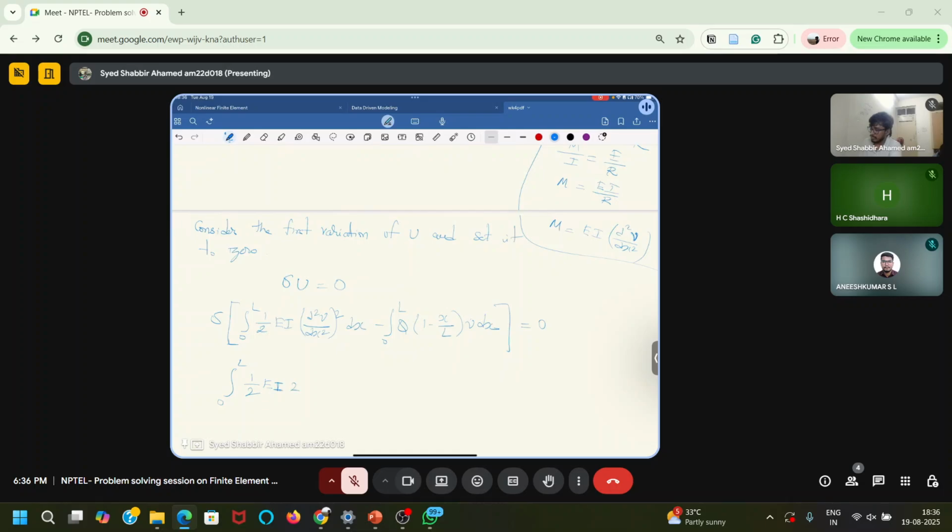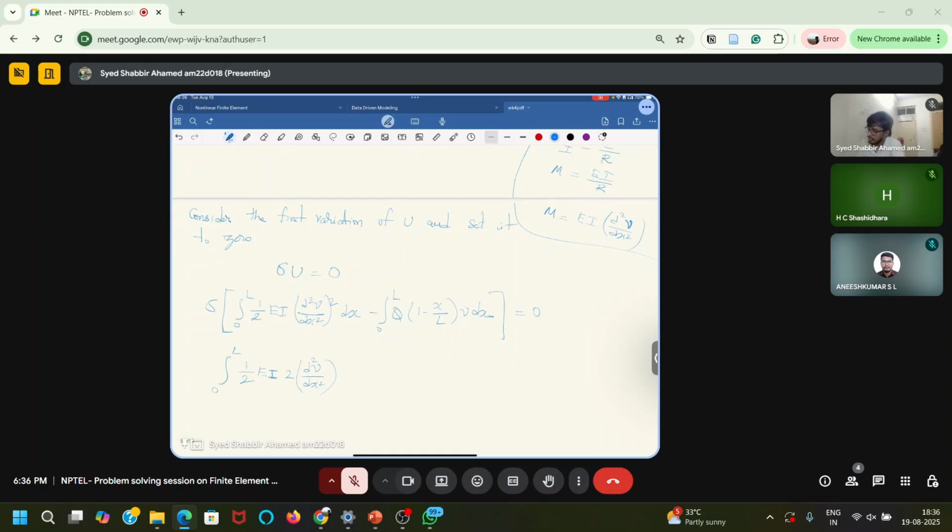That will give me 2 into dou square V by dou x square into dou square delta V by dou x square. This is similar to differentiation, we can say.